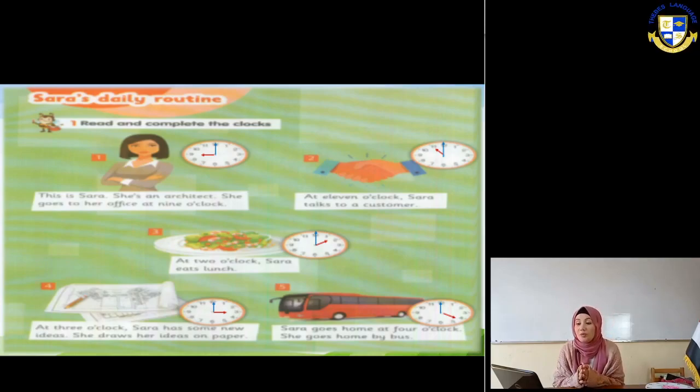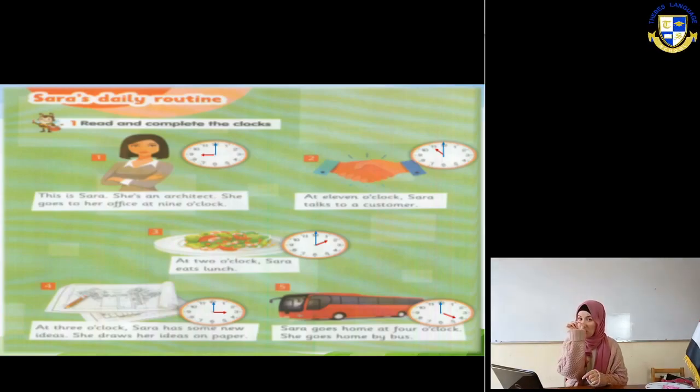Now, number 1, this is Sarah. Her name is Sarah. She is an architect. And we said the architect is drawing the buildings and the houses. She goes to her office at 9 o'clock. 9 o'clock. It means what?